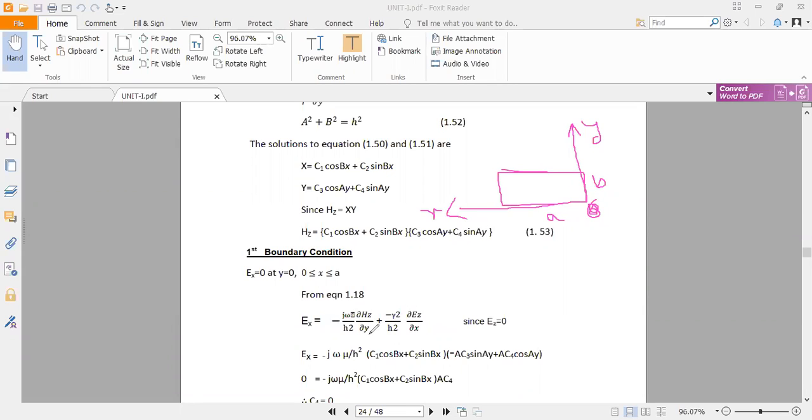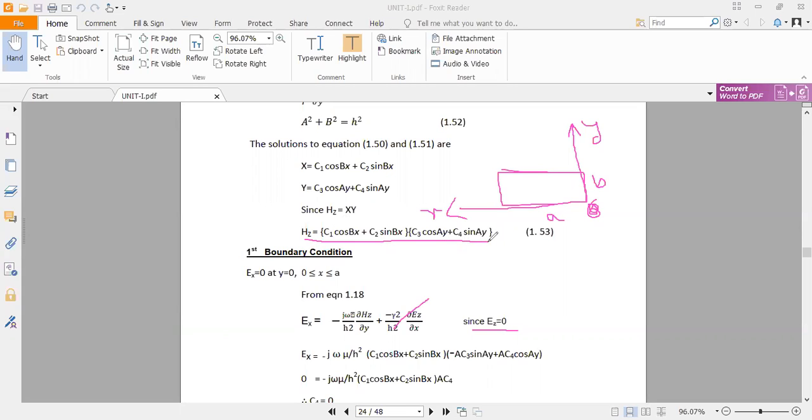Because we are doing the analysis of transverse electric mode, Ez becomes 0. Only this term remains: j omega mu by h square dou Hz by dou y. If you differentiate Hz with respect to y, what are you going to get?